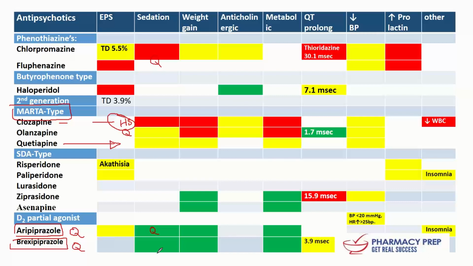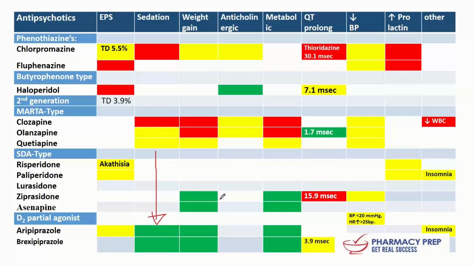I would switch to aripiprazole or brexpiprazole if the patient cannot tolerate the sedation side effect with olanzapine or quetiapine. Of course, clozapine as well, but clozapine is generally reserved for resistant psychosis therapy. So in summary, if the patient is experiencing severe sedation from olanzapine or quetiapine and cannot tolerate taking the medication, switch to aripiprazole or brexpiprazole.